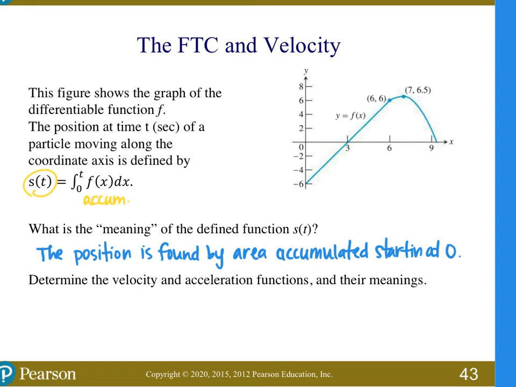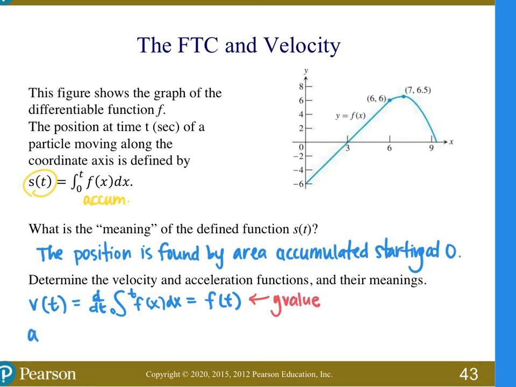So what would the velocity and the acceleration functions be and their meaning? Well, velocity would be the derivative of the integral. And we've done this a couple times now. So I get f of t. F of t is the graph itself, so that would be the y value.